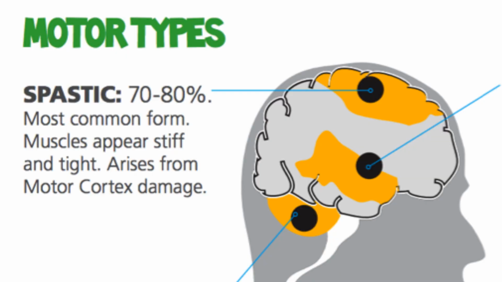This stiffness is called spasticity. So when you can't move your muscles or you're having difficulty, you are termed by doctors or professionals as spastic. You can think of spastic as like a rubber band.